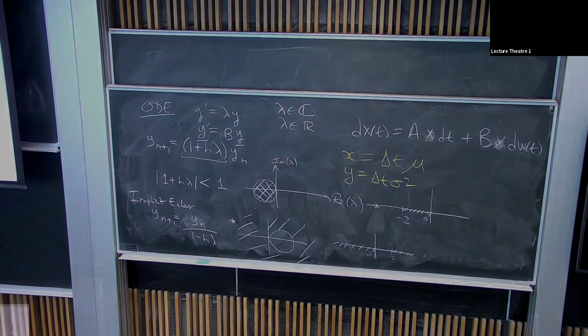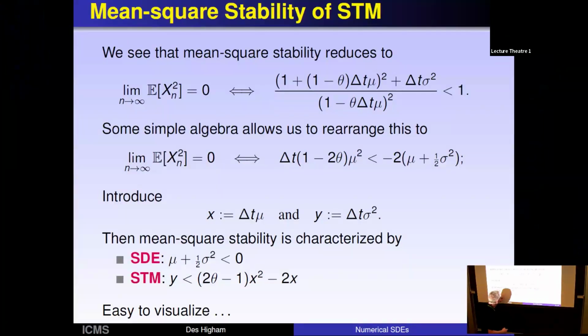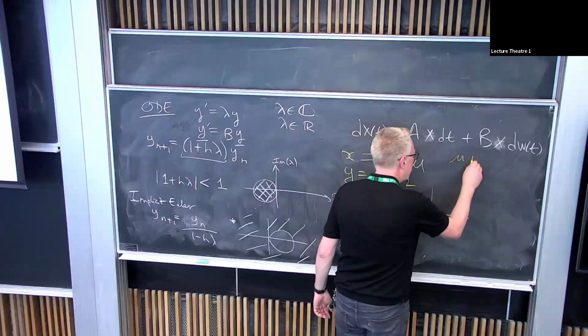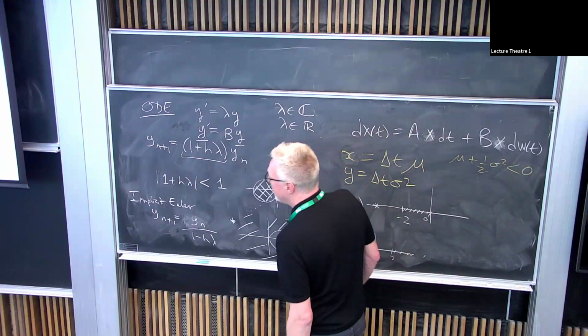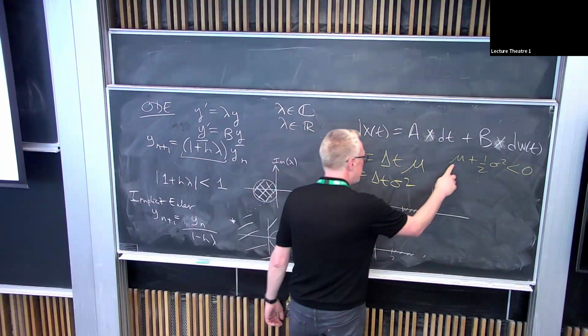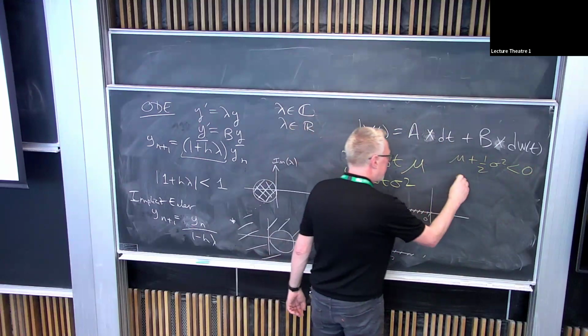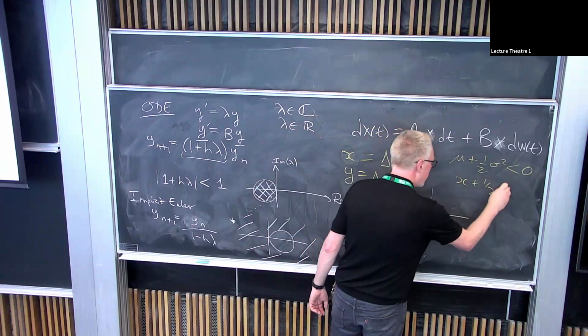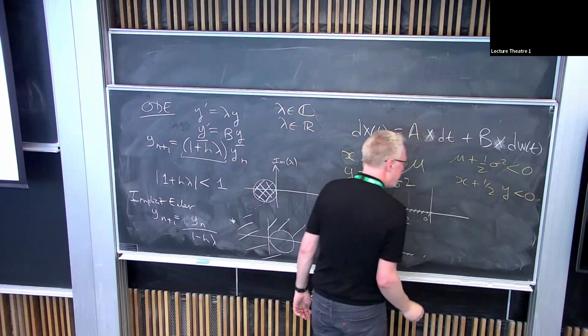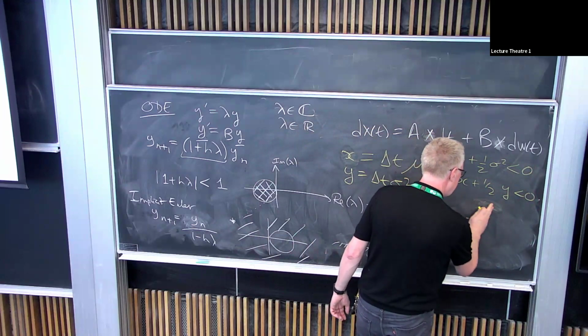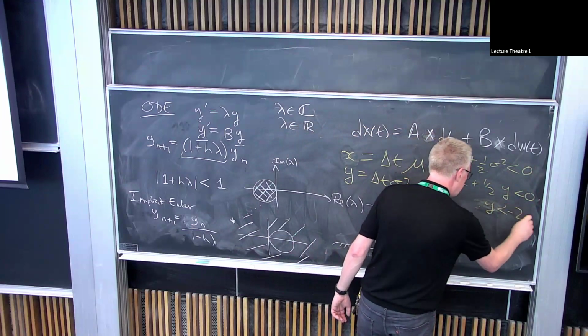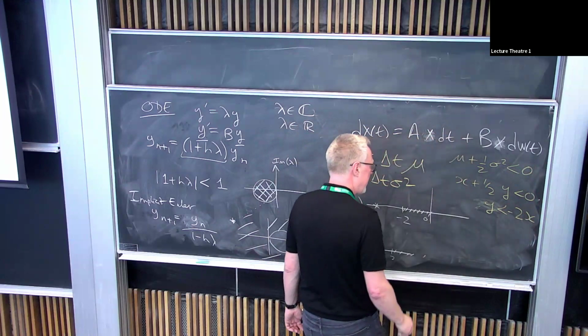So the SDE is stable if mu plus a half sigma squared is negative. So that means x plus a half y is negative. Or if you rearrange, y less than or equal to minus 2x. Right?